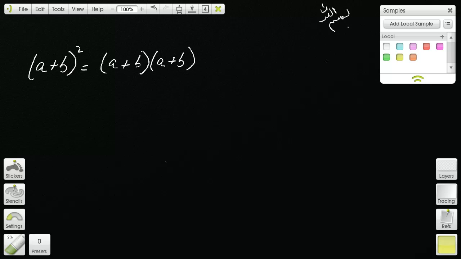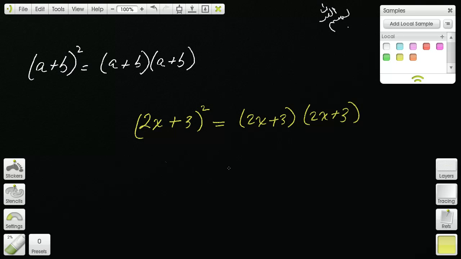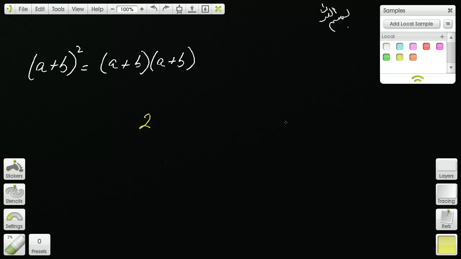If I give you an example, 2x plus 3 squared. This would be 2x plus 3 times 2x plus 3. So that's one special case when you're basically squaring the binomial.